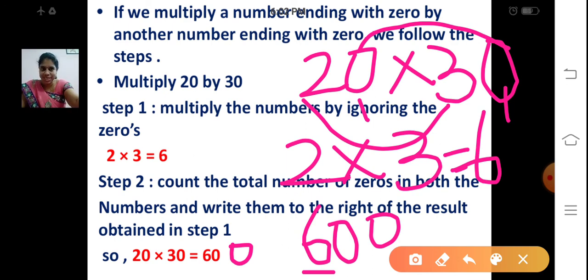So we have 2 zeros in both the numbers. Write down 0 0 after the 6. So the answer is 600. 20 into 30 is equal to 600.